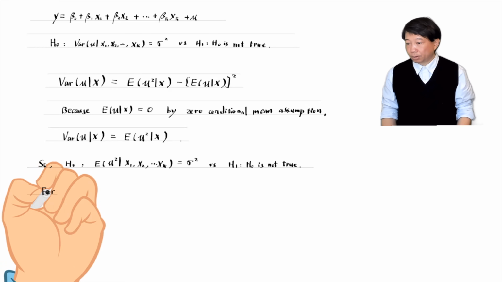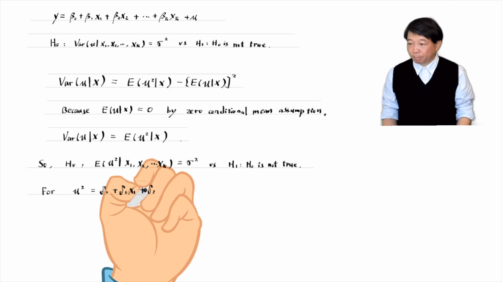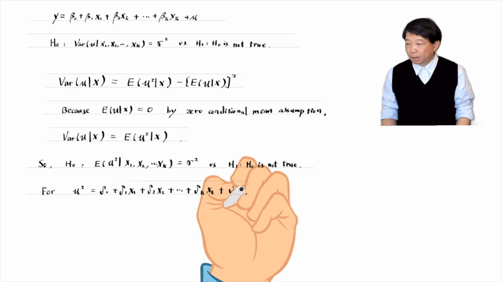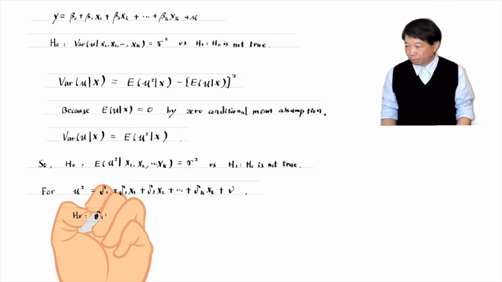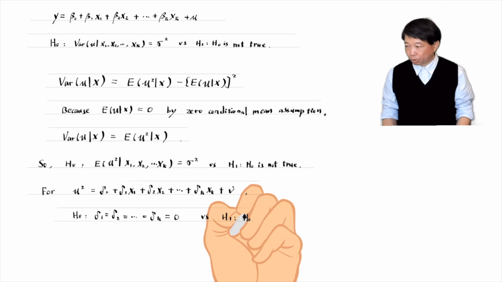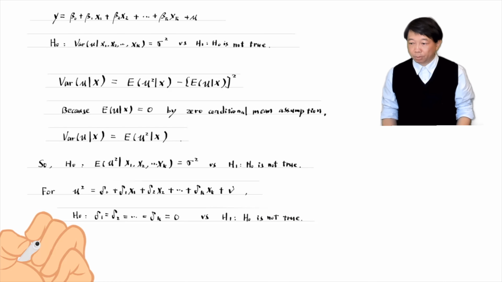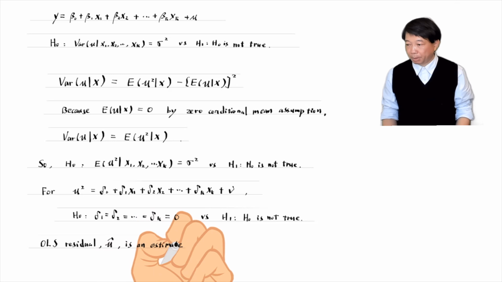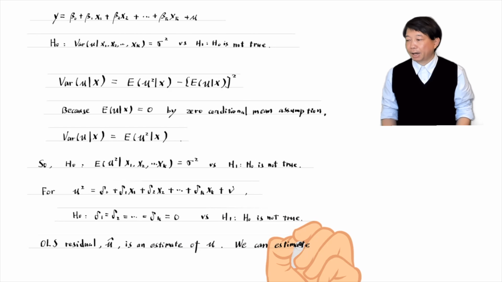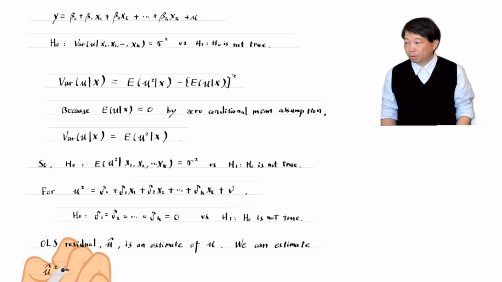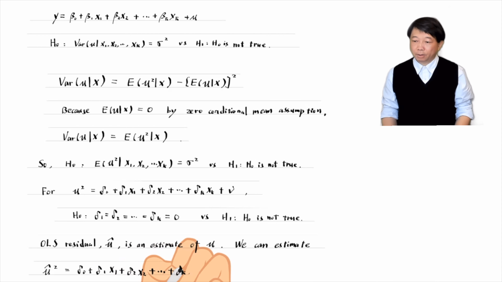For the linear model with the squared error term as the outcome variable, the null hypothesis is equivalent to all coefficients in the model being 0. Since the OLS residual mu hat is an estimate of the error term mu, we can estimate the model with mu hat squared as its outcome variable.